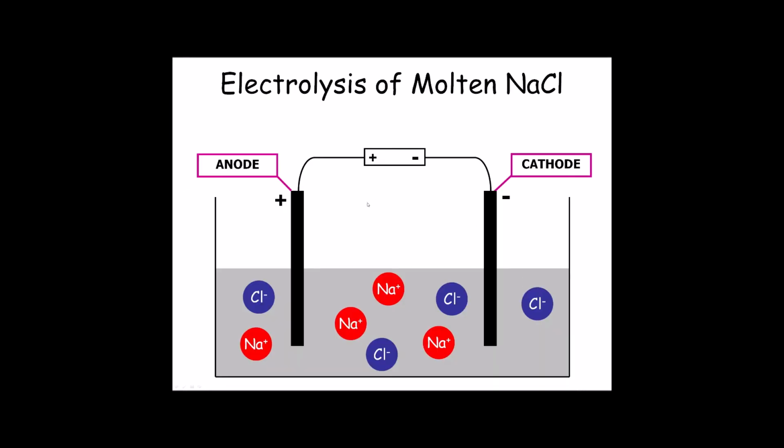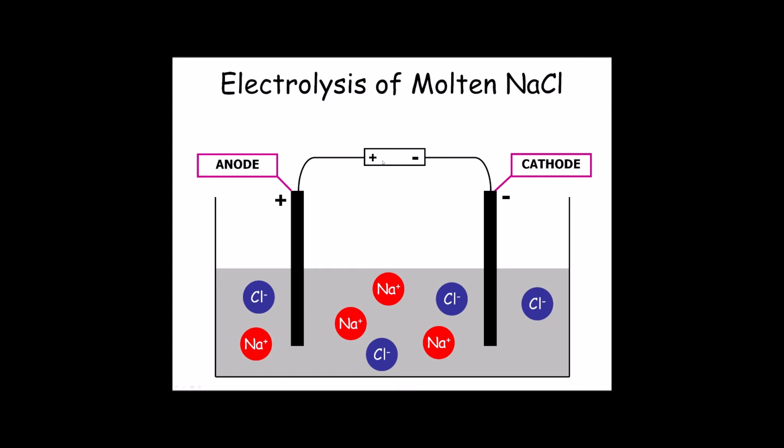Okay, so here we have some electrolysis of molten sodium chloride, table salt, the same salt you put on your fish and chips, and the same salt that they spread on the roads to stop them icing up in winter. We've got the electrolysis cell here, with our positive anode and negative cathode, and in the solution we have some chlorine and sodium ions, because we've melted the sodium chloride and the sodium and the chlorine have split apart.